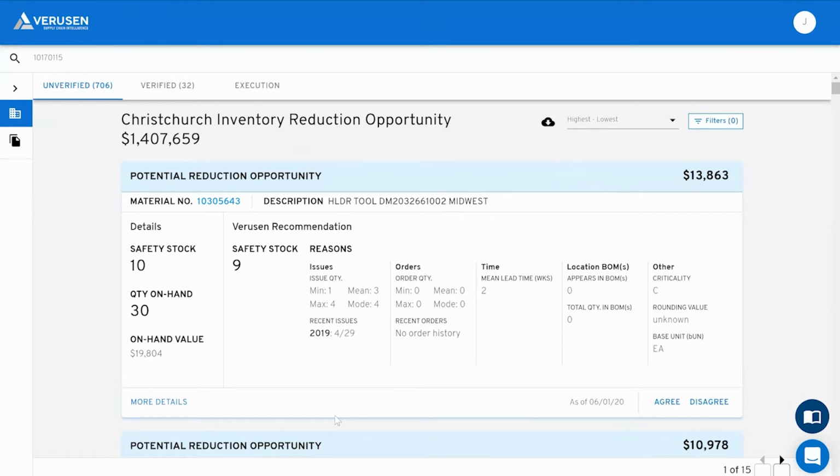So this is movement, purchase orders, bill of materials, so on and so forth. And we create a recommendation off of that based on what Verusen's recommendation should be, and you can simply agree or disagree with that. You have all the information, again, that's in the system.